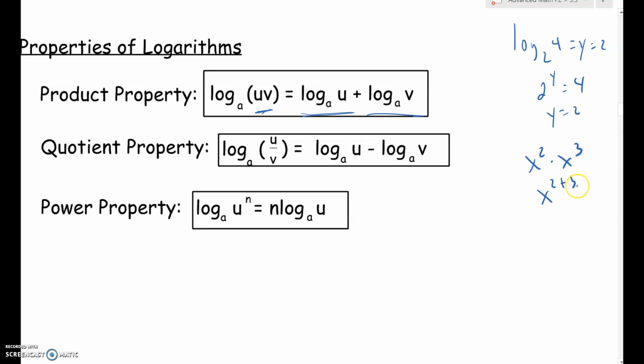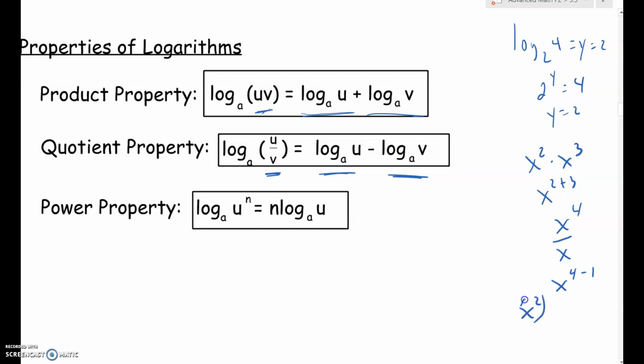Okay, multiplication, addition. What do you do when you divide? You subtract. So 4 minus 1. Well, notice in the quotient, when you're dividing, you can break it apart as a subtraction. Okay. Last one might not be as easy to see, but what do we do when we have a power to a power?